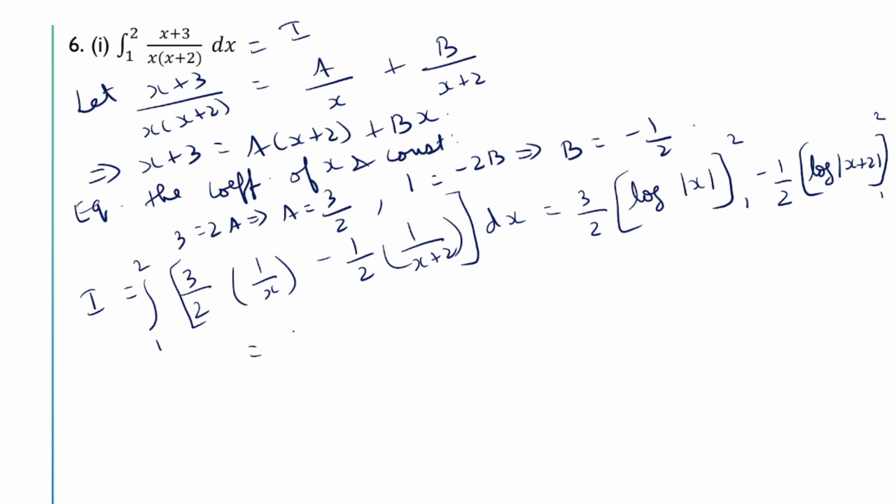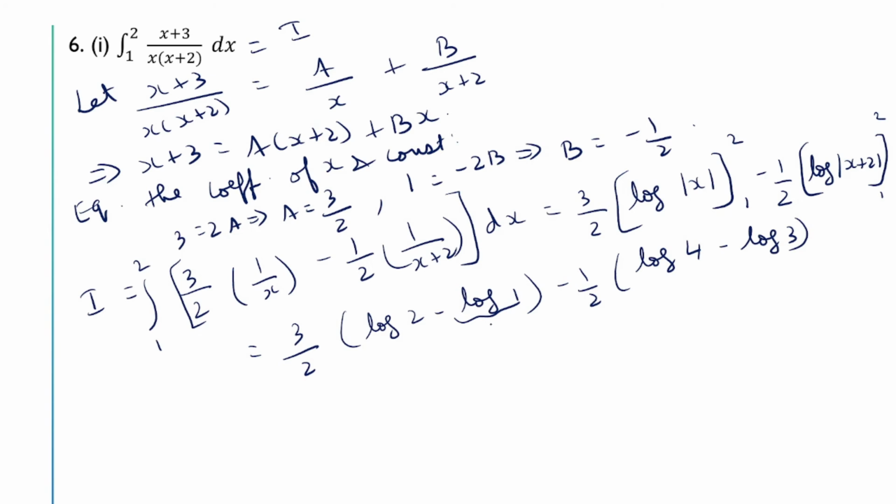So this is equal to 3 by 2 into log 2 minus log 1, substituting the upper and lower limits, minus half into log, here we have to substitute the upper limit, that is x as 2, so it will be log 2 plus 2, which is 4, log 4 minus log 1 plus 2, 3. So log 4 minus log 3.